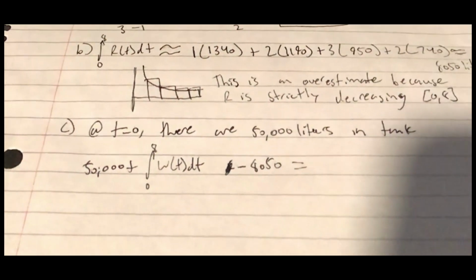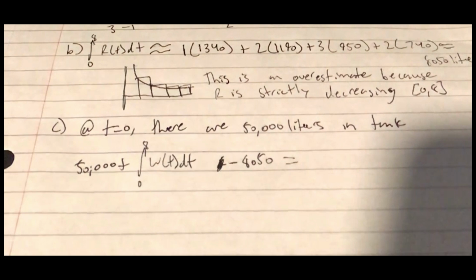So we're going to need to use the calculator for this, especially to find the integral from 0 to 8 of W of t dt. So we're going to need to use math 9, which is how you'd find the definite integral on a calculator.